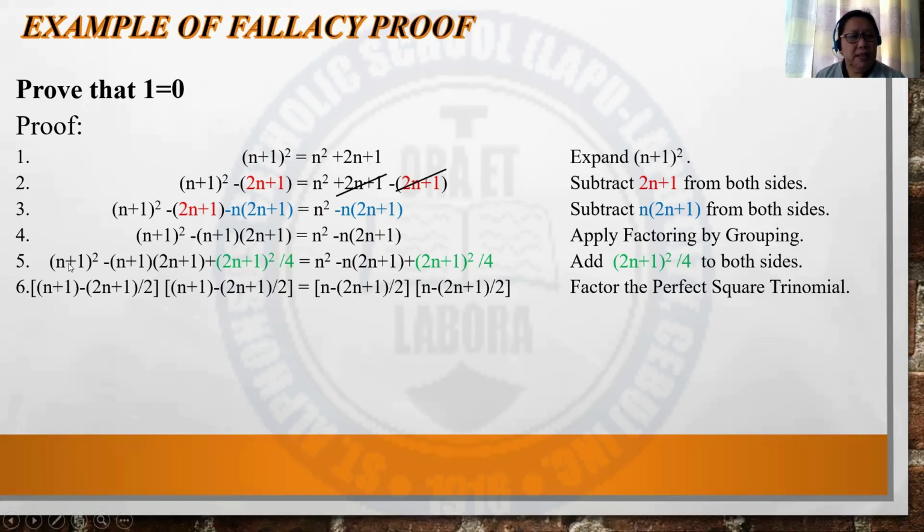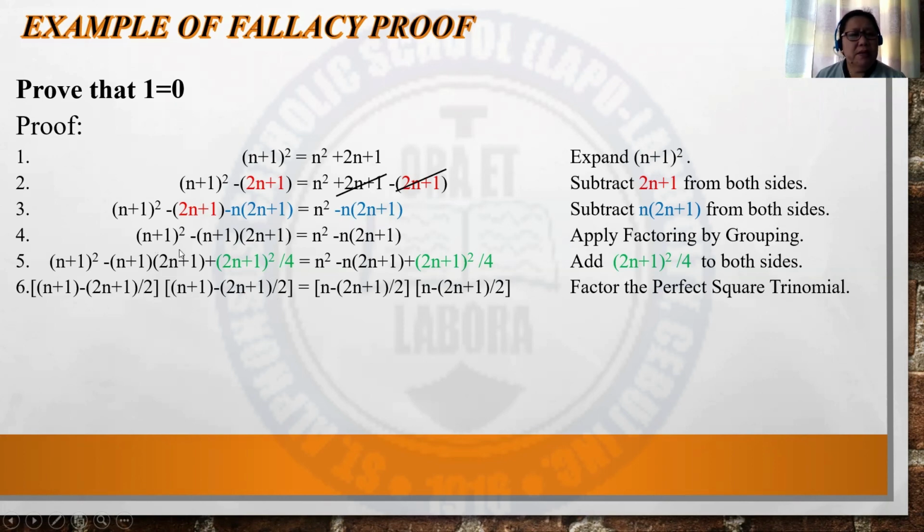This is now a perfect square trinomial. You can factor this into the square of n plus 1, which is n plus 1. And you also have here n plus 1. And then the square of 2n plus 1 over 4, factor it. You have 2n plus 1 over 2. Then you have here 2n plus 1 over 2.